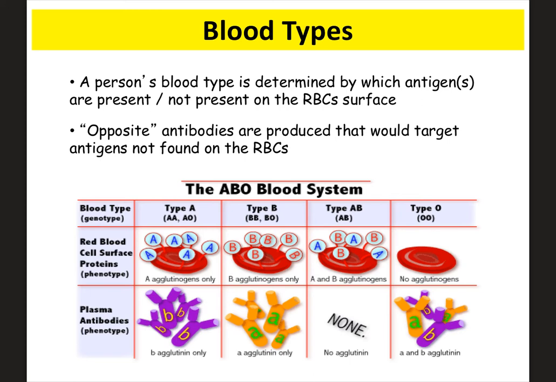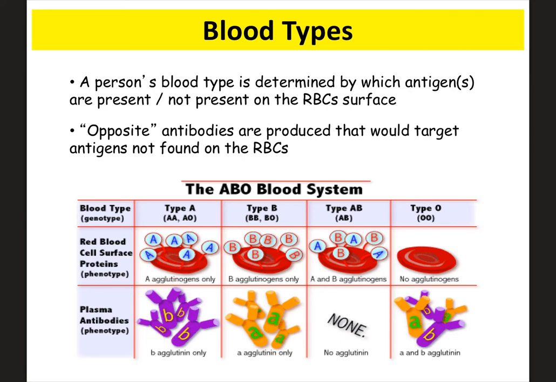So if you are a person who has type A blood, you are going to have A antigens all over your red blood cells. If you have type B blood, you're going to have B antigens all over your red blood cells. But then you produce antibodies that are opposite to that. So if you have type A blood, your body is going to produce B antibodies.